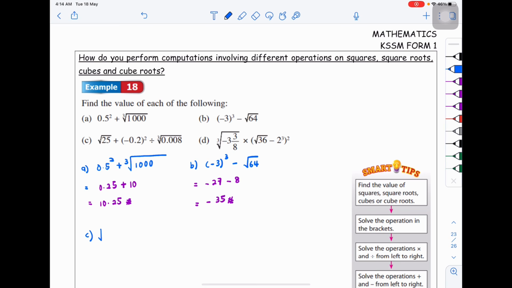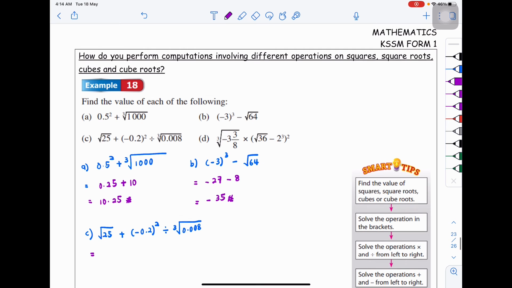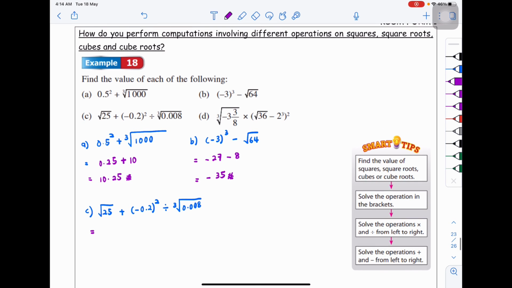We have square root 25 plus negative 0.2 square divided by cube root of 0.008. For this question, we need to apply the concept of BODMAS first. So we need to solve this part first.